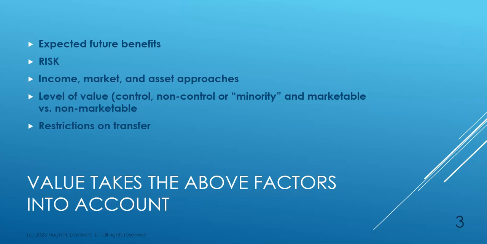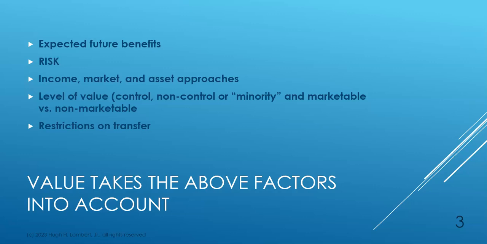When it comes time to vote on a matter for the company, the 51% interest will always get their way. The 49% interest might get their way unless the 51% interest votes the opposite way. And there's a lot of nuance and detail within that as well. But that's the idea of control versus non-control. And they have different values.